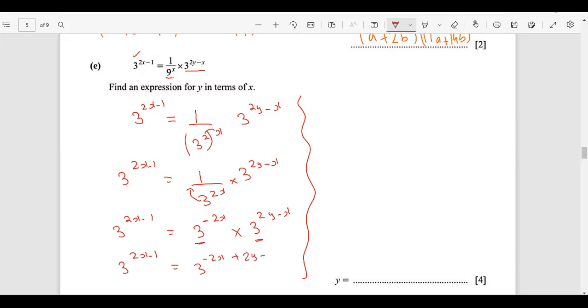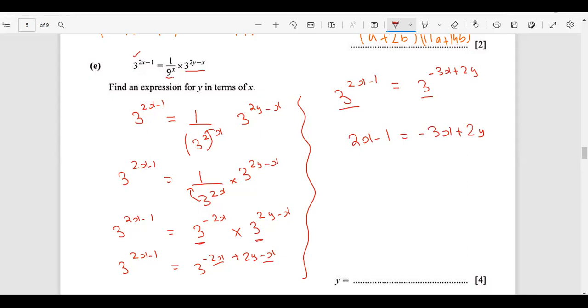Plus 2y minus x, and this would give me 3 to the power 2x minus 1 equals 3 to the power minus 2x minus x, which would make it minus 3x plus 2y. Okay, now when the bases are same, I can directly equate the powers. So it would give me 2x minus 1 equals minus 3x plus 2y.